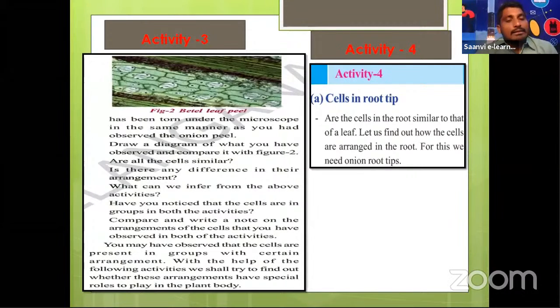See here, in human beings, what is the function of the nose? The nose helps in the exchange of gases, right? Likewise, I can say stomata is the nose of the plant.